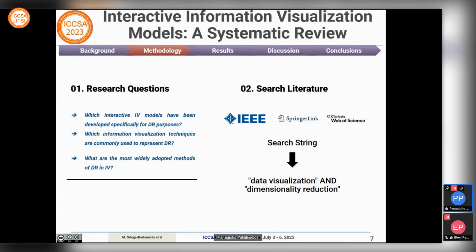If I got the question right, models that are just being explored still at the theory level, or they have also been applied in different fields. I don't know if I got the question. No, I mean it's just because maybe I didn't fully understand when we talk about interactive information, the interactive stands for what?